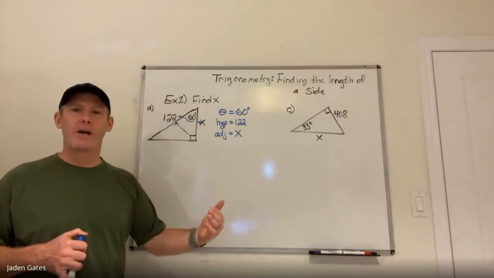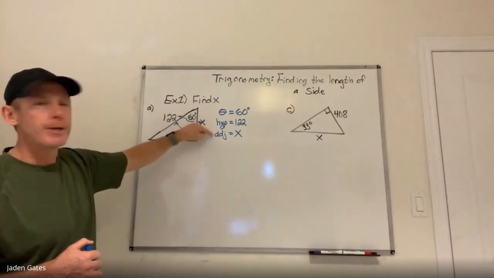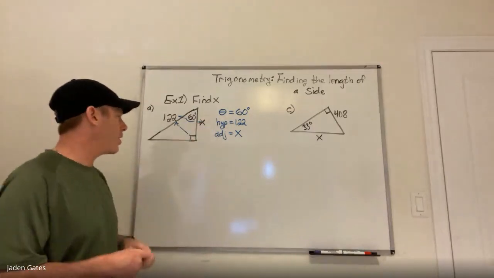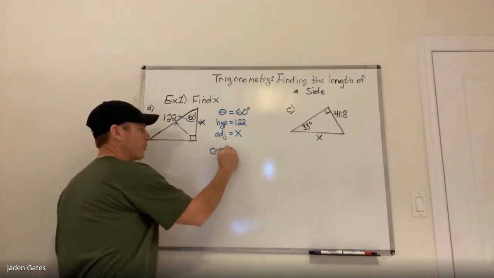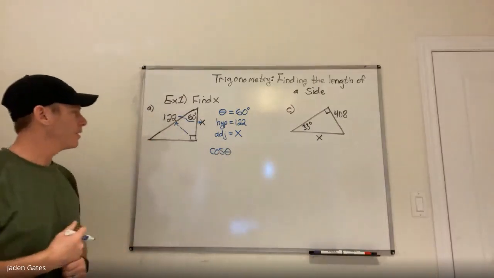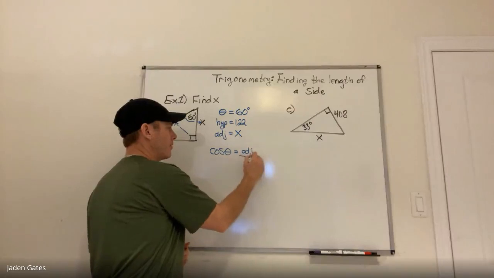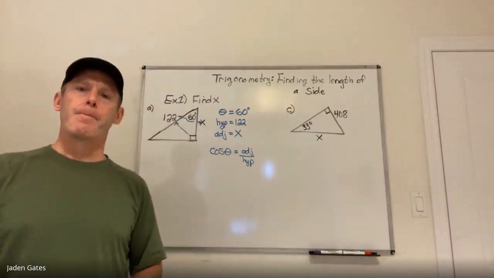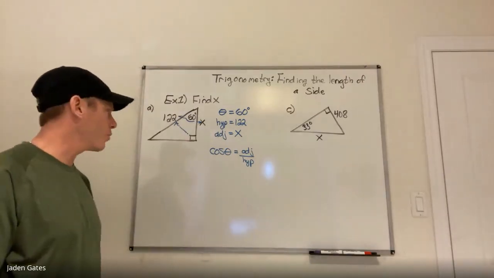Cozy at Home, adjacent, hypotenuse. That's what I have. So because I have the adjacent and the hypotenuse, I have to use the cosine ratio. So I have cos theta, again, Cozy at Home, the adjacent divided by my hypotenuse. So that's the second step, determining which trig ratio you have to use. Again, you don't have a choice.